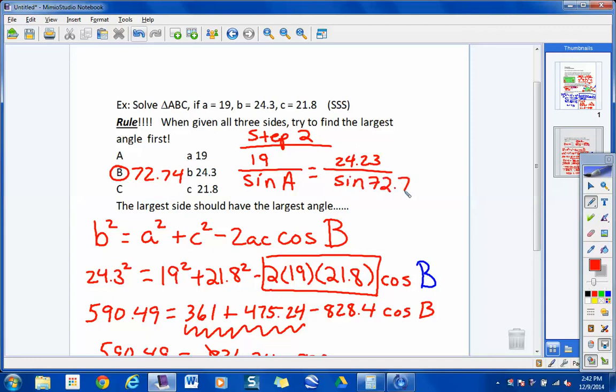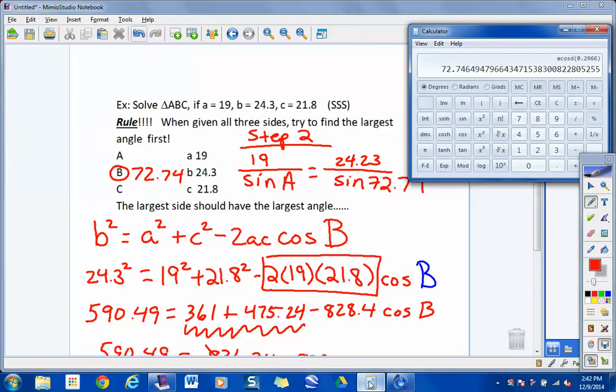All right, so let's punch this up and see what we've got. I would go 19 times the sine divided by 24.3 first, right? And we're going to get a decimal, and then we're going to have to invert that. So help me out. 19 times the sine of how much? 72.74. Equals. And then divide that by what, gang?